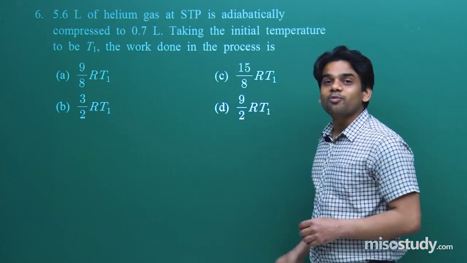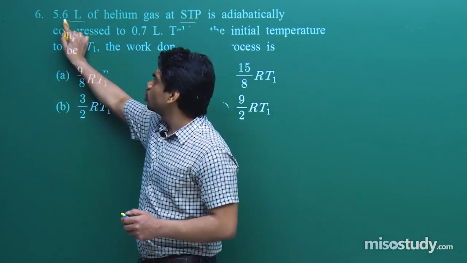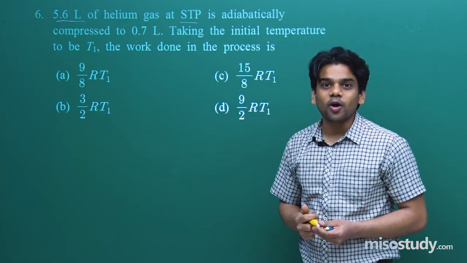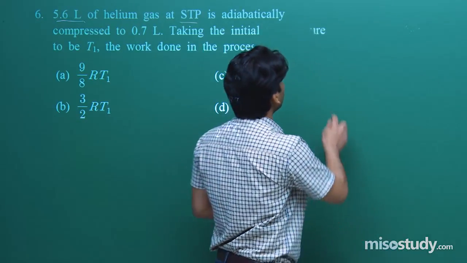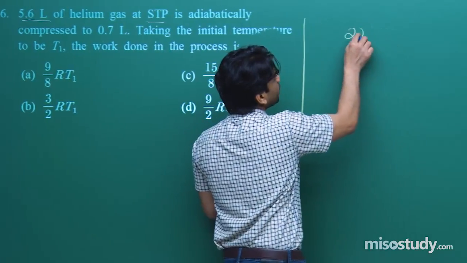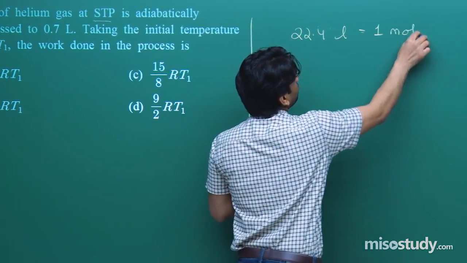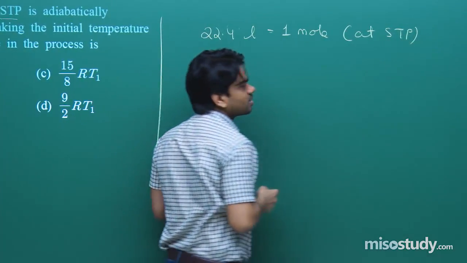So 5.6 liter of helium gas at STP. You must be knowing that 22.4 liter is equal to 1 mole of any gas kept at STP. Remember, this is valid at STP; we all know this, that is why STP is given.